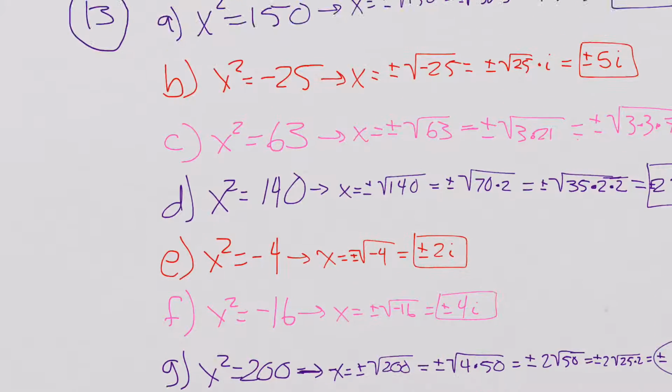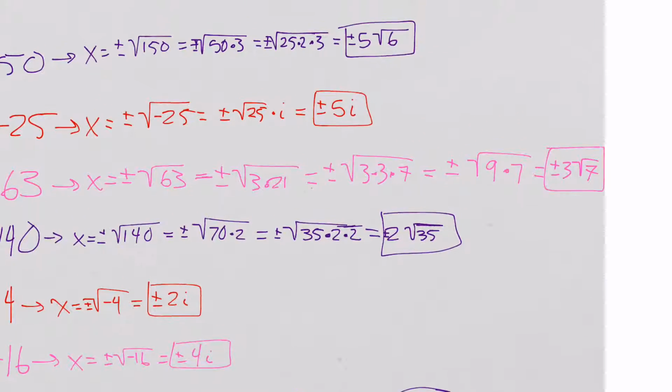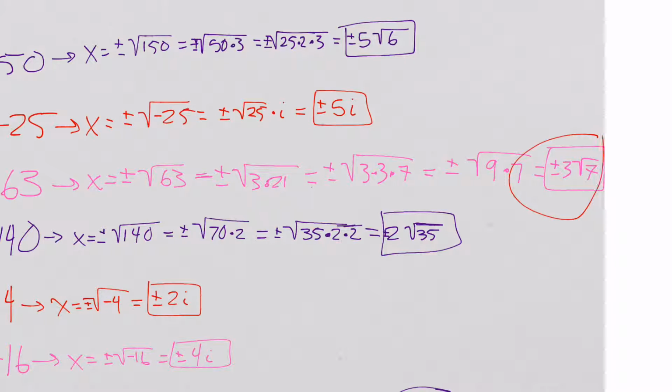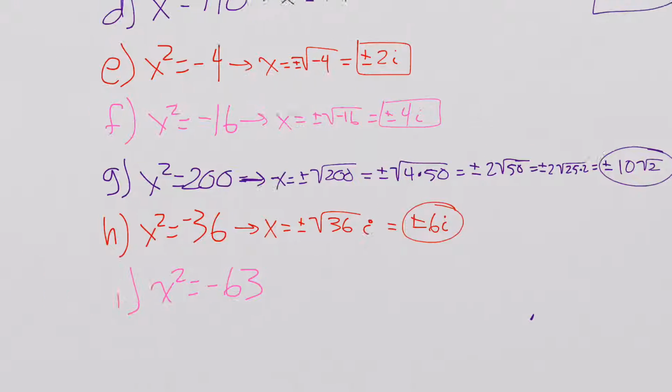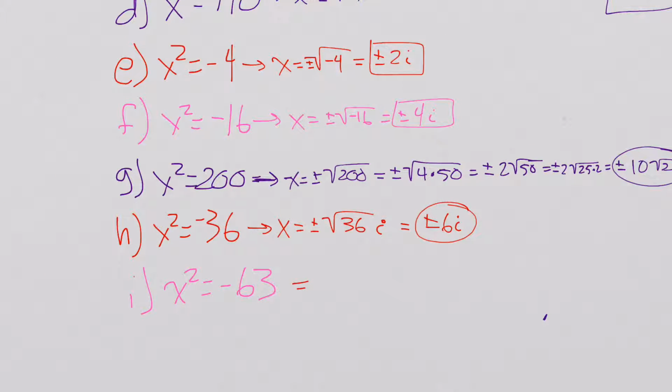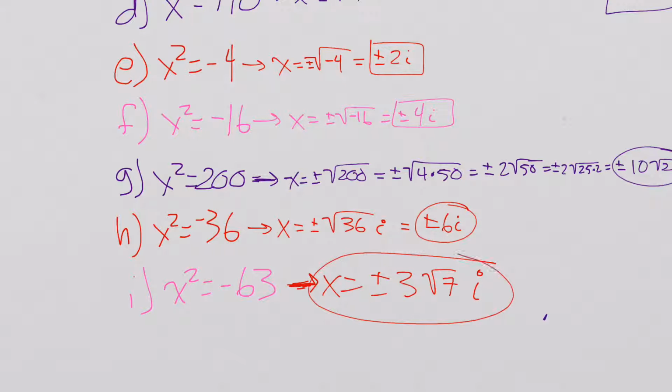We've already done x squared equals positive 63, and we got plus or minus 3 root 7, which means the negative version is just going to be x equals plus or minus 3 root 7, but since it's negative, we need an i at the end for the imaginary unit. So that would be our solution set right there.